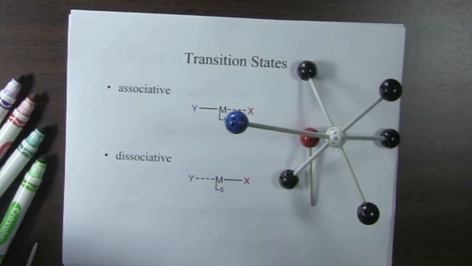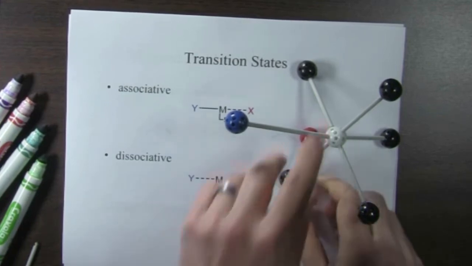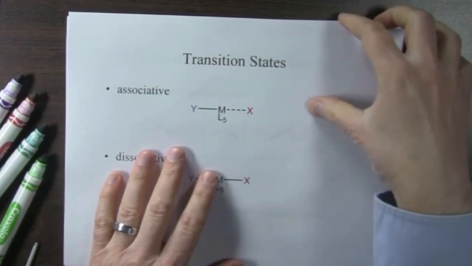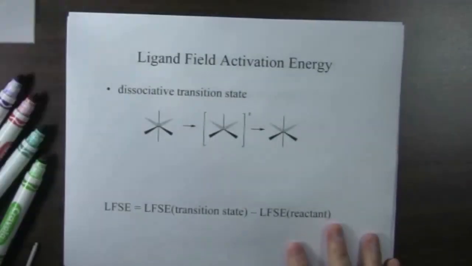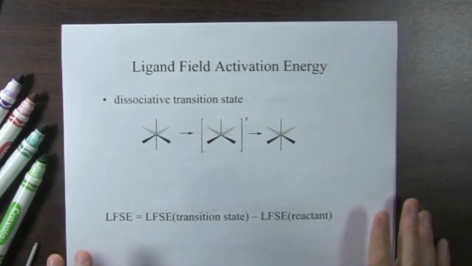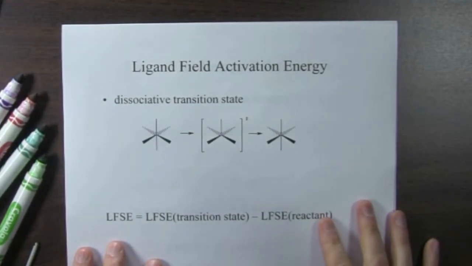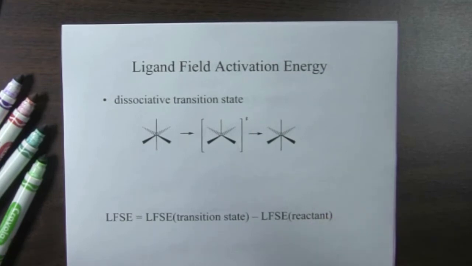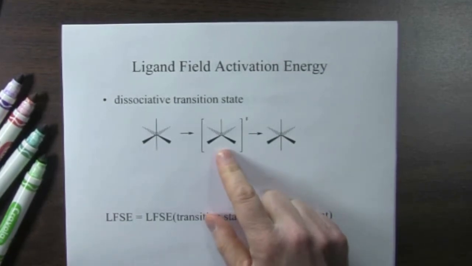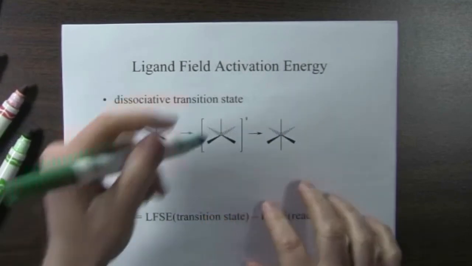Okay, and so there's a lot of evidence for these types of mechanisms. We did say the rate law alone isn't that helpful, but we can look at other factors, like we looked at the sterics. We can also look at the electronics. So let's look at what happens when we form this square pyramid transition state.